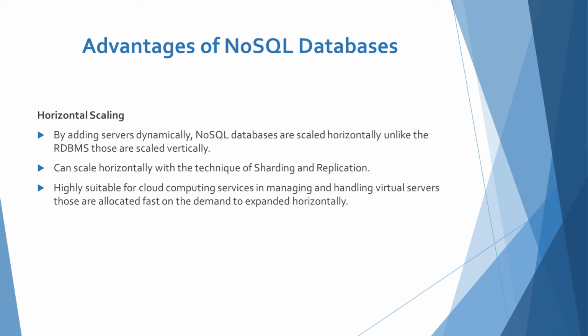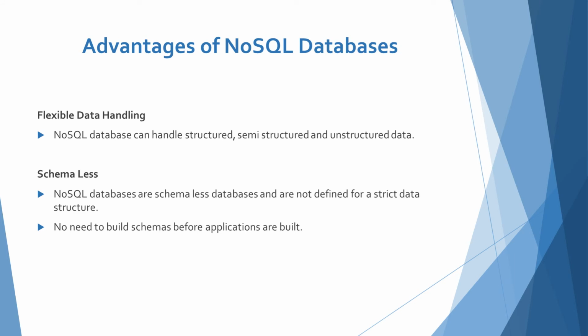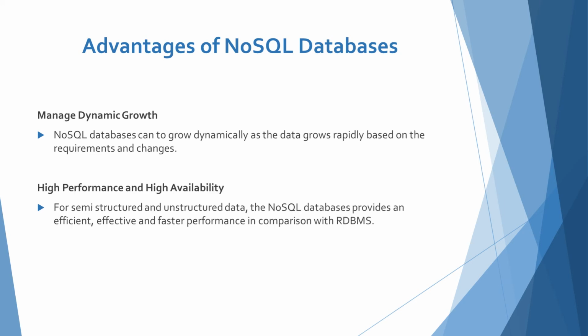So these are the main advantages of NoSQL databases. Flexible data handling: we can store any format of data, and it is schemaless, we are not defining any schema. That's why we call them schemaless databases. Manage the dynamic growth, so the data can grow into terabytes and petabytes also. It gives high performance and high availability.